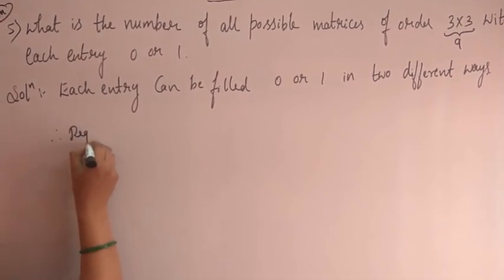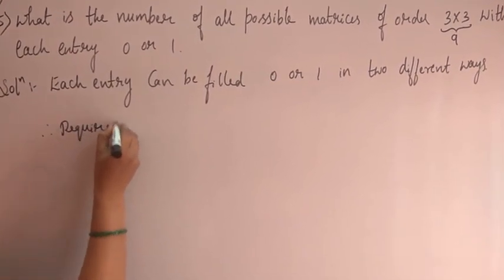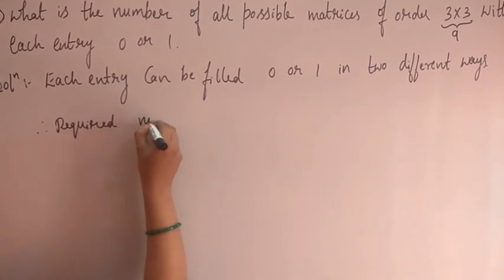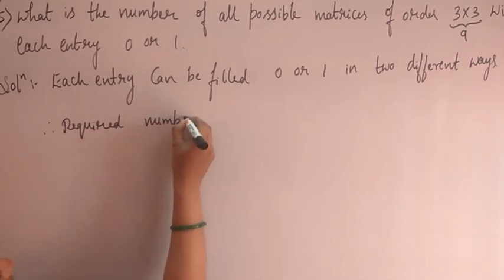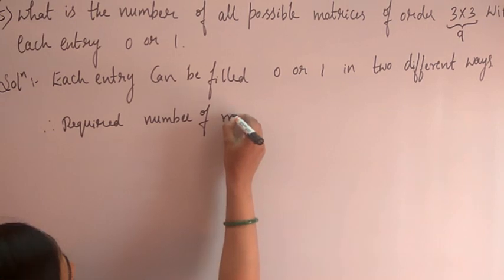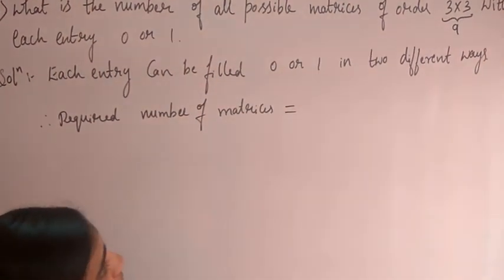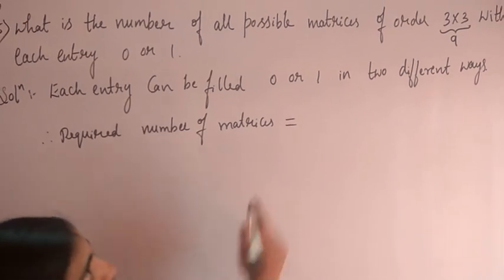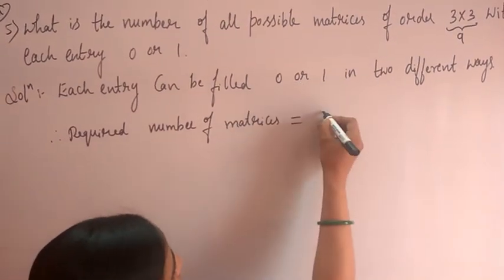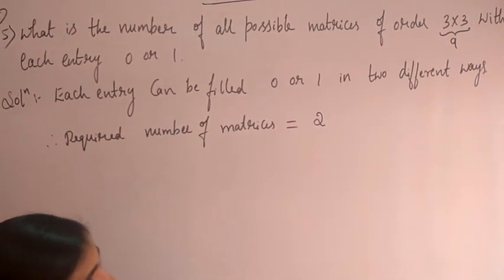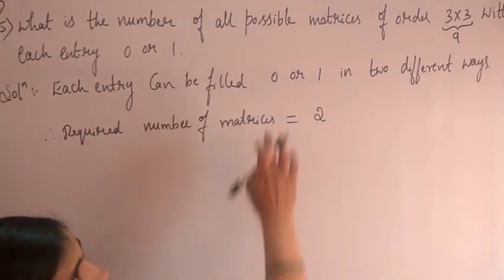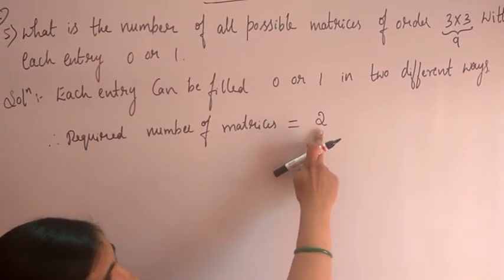Therefore, the required number of matrices, see here, it is very simple. We have two ways, that is 0 or 1. There are two different ways. Suppose if we have three different ways, we have to take 3.